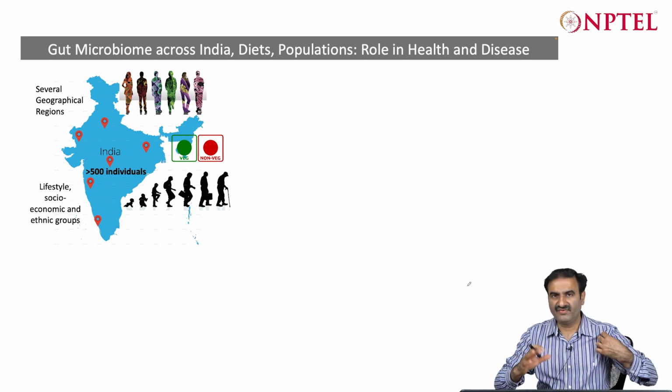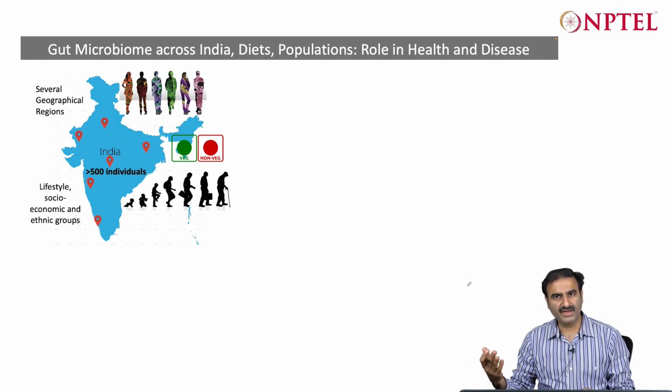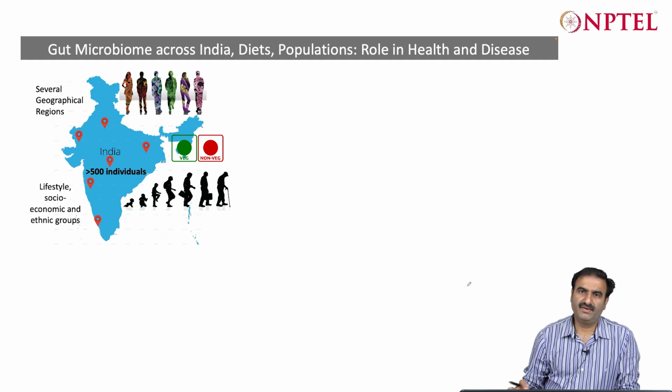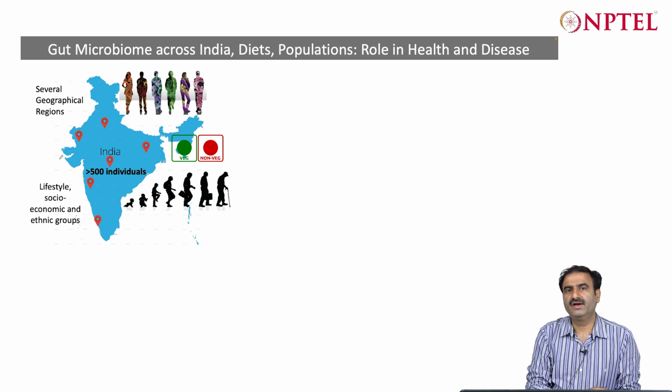So people are generating microbiome and metagenome data from all over the world, from different populations, like European, African, American, Asian, Indian subcontinent, or Chinese, Japanese. So many microbiomes are available, but there is a lot of diversity. Even if you consider the case of India, there are several geographical regions, ethnic groups, socioeconomic differences between people, lifestyle differences, right? Food habit is different.